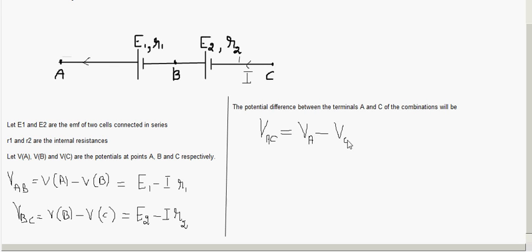I can write this as VA minus VC, which is equal to VA minus VB plus VB minus VC.